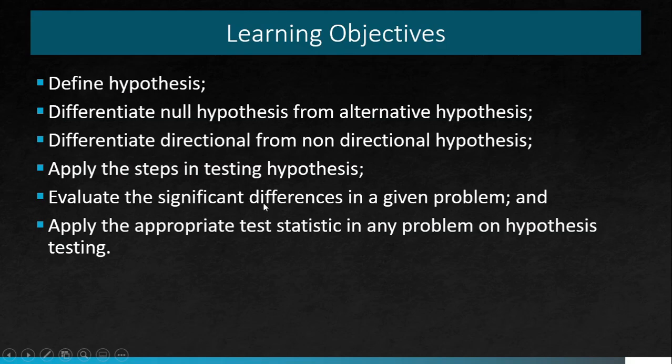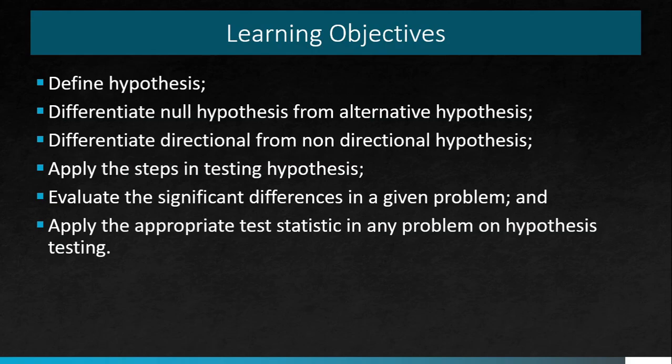So technically we will not touch the evaluation of significant relationship or your correlational statistics, because again our focus will just be the evaluation of significant differences, in which we will be covering your t-test, z-test, and even chi-square.